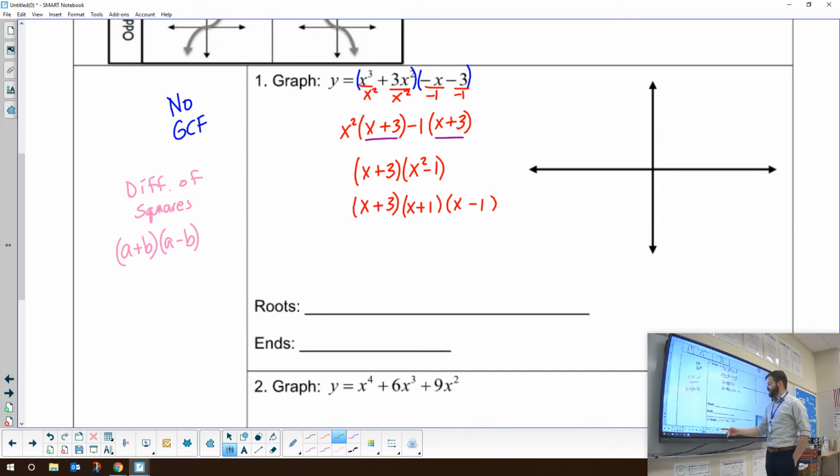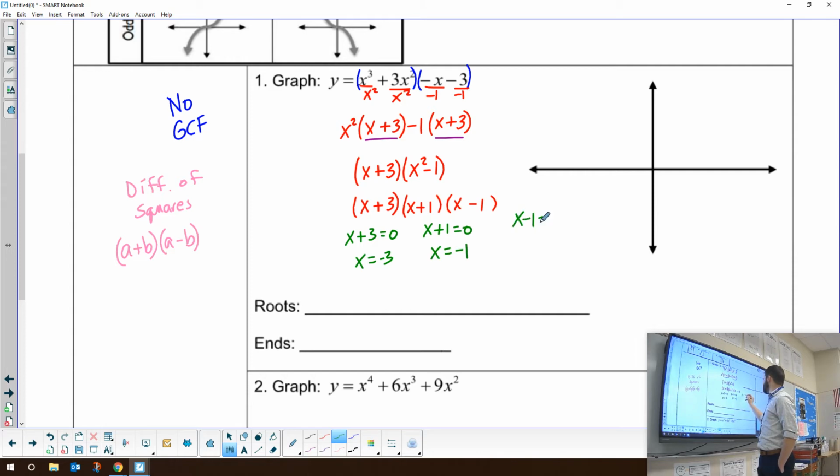Now, if I set each one of these equal to 0, we would be able to find my solutions or my roots, or where they intersect the x-axis. So for this one, if I set x plus 3 equals 0, we would get a root at x equals negative 3. Same thing for x plus 1, we get x equals negative 1.